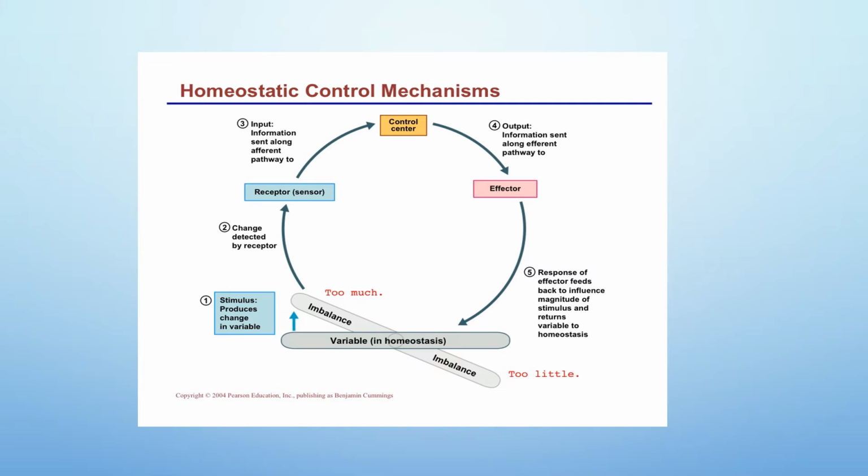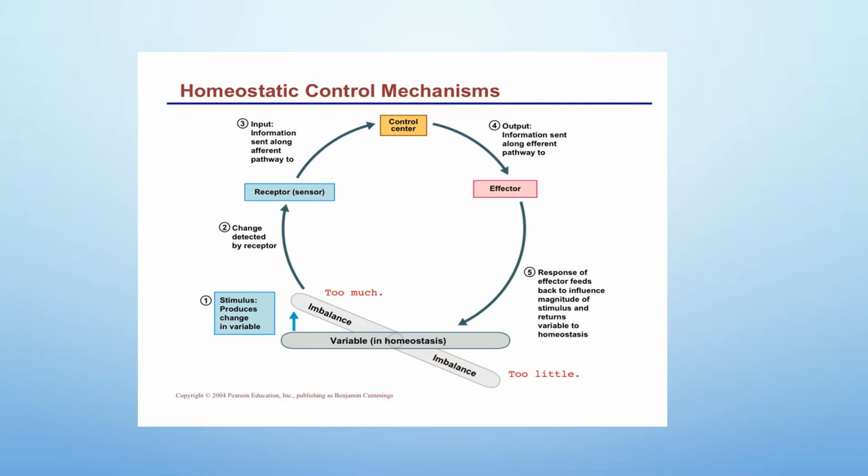In a homeostatic control system, we require a few important components. As I mentioned earlier, homeostasis is the maintenance of a constant internal environment. So if there is any change or imbalance, it acts as a stimulus which is then detected by the receptor.